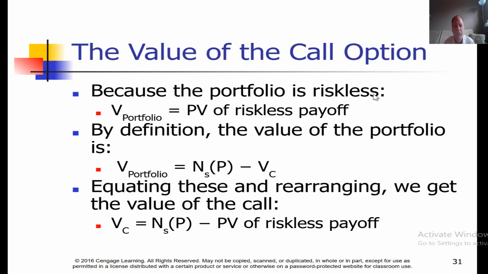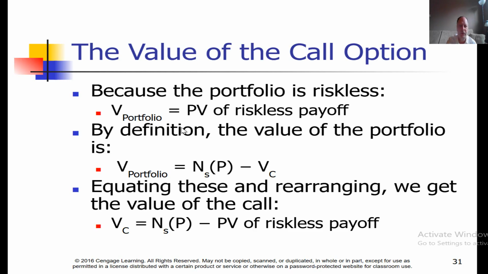Now we can use the relationships we have developed to figure out the value of the call option today. Since the portfolio is riskless, the value of the portfolio has to equal the present value of the riskless payoff.